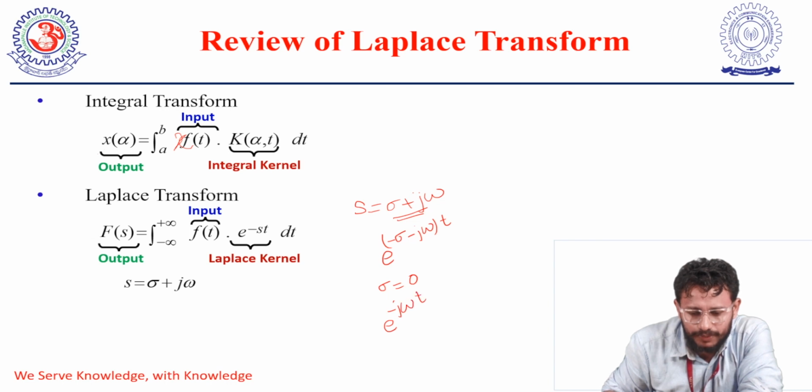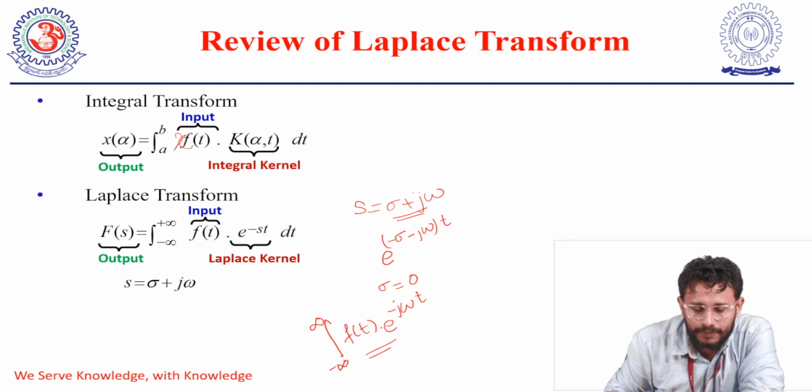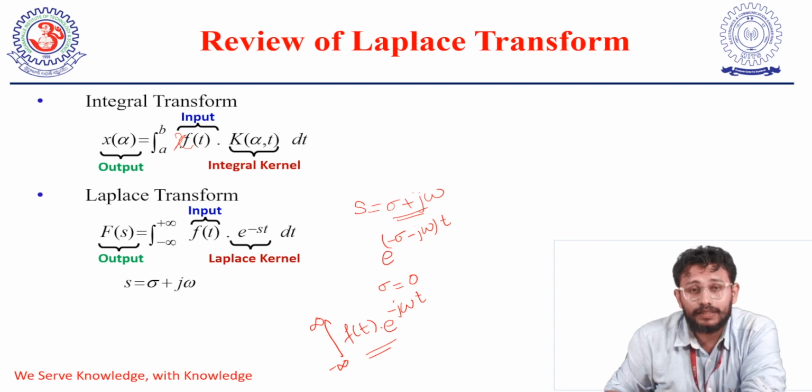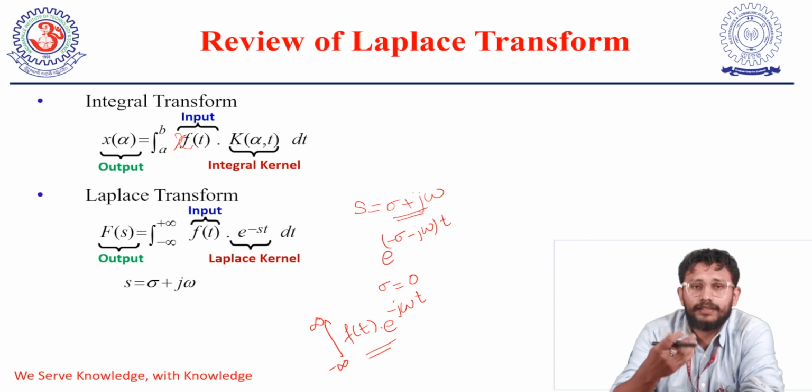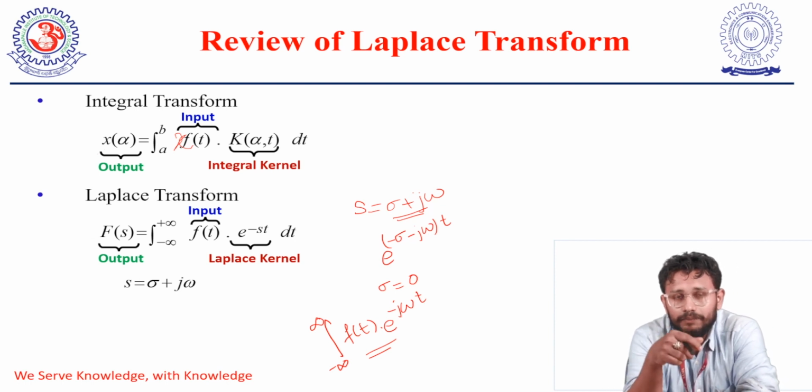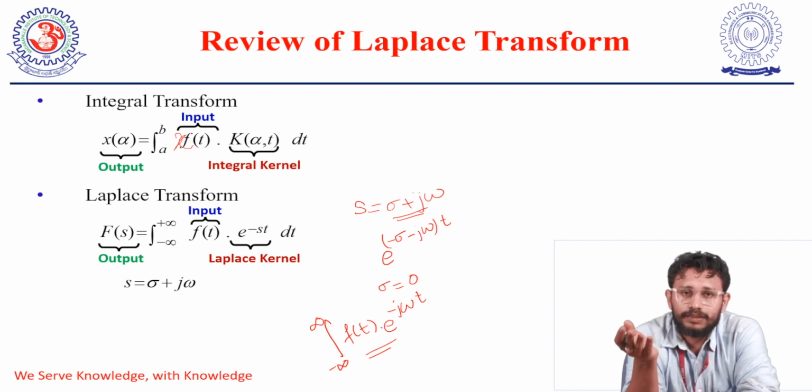And if you notice, this is the basic shape for the Fourier transform. So Laplace transform essentially converts a time domain signal into a domain that has both real and imaginary parts. The moment you wish to get the entire frequency domain, you substitute sigma equals 0, and you observe that it's quite easy to change from a Laplace domain to a Fourier domain.